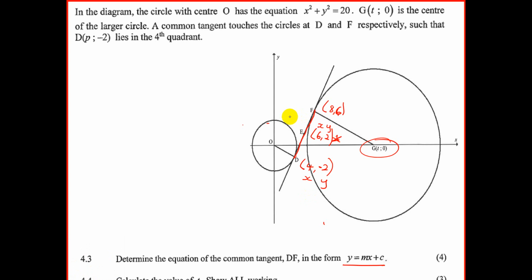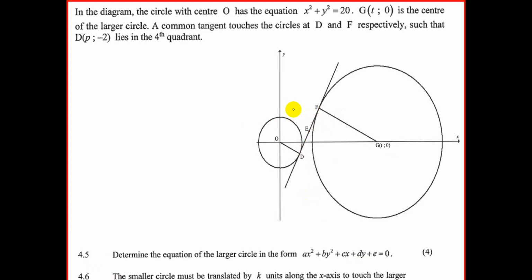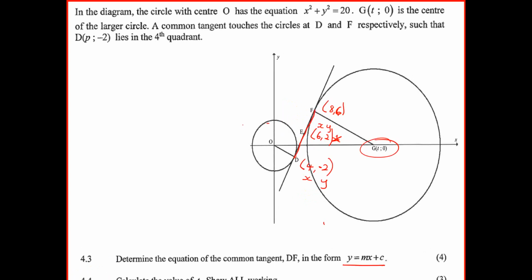So in the previous question, we found out that the gradient of DF, that's the tangent, I'm going to write that down, the gradient of the tangent was equal to 2. Now remember that the radius is perpendicular to a tangent.